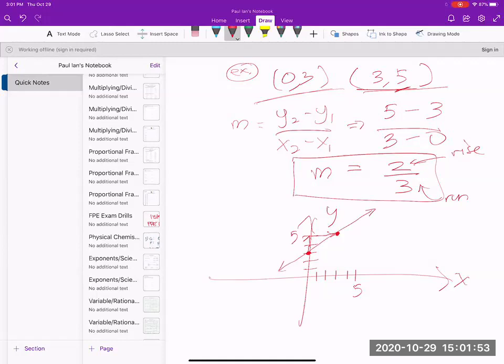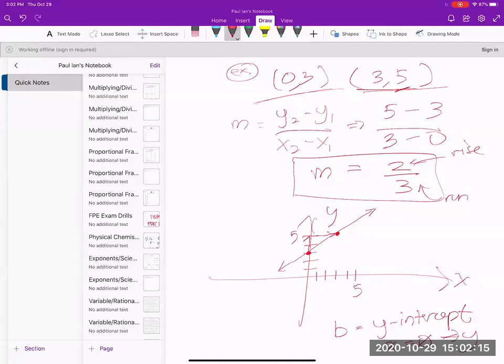But we still need to figure out, in this case, I think I've already given it to you. So we got M as this guy, right? Yeah. We still need B, right? Mm-hmm. And what was B? B is your y-intercept. Okay. And then this is when x equals 0, right?